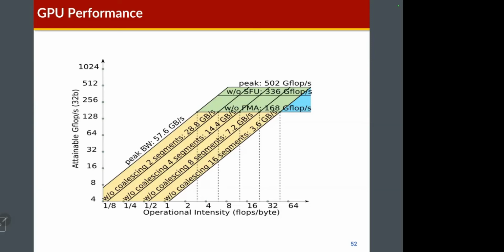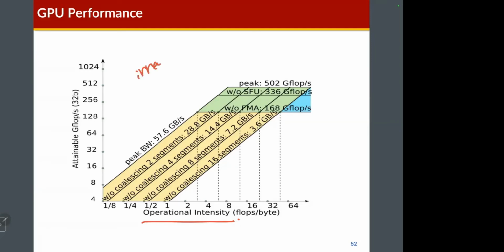But this model just explains some different characteristics of GPU applications. This operational intensity just explains the fraction of computation to data size.